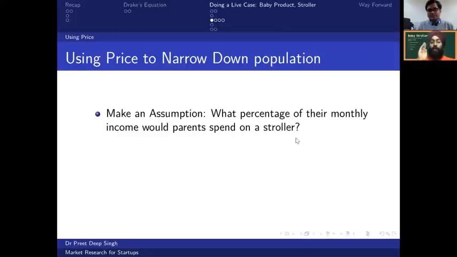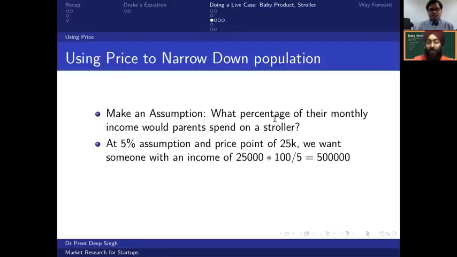But let's say your price point is 25,000. What percentage of monthly income? Like let's say somebody earns 100 rupees. What percentage of their 100 rupees will they spend on a stroller? Will they spend 2 rupees, 3 rupees, 5 rupees, 10 rupees, right? So let's say we take an assumption that people spend 5% of their monthly income on the baby stroller. This might be low, this might be high, it is totally up to you.